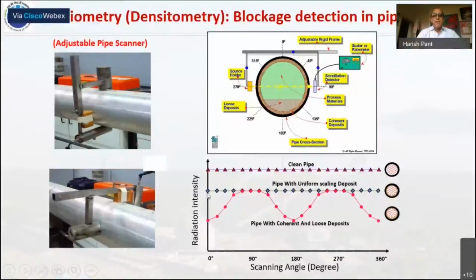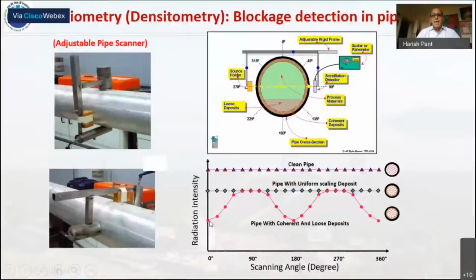If there is uniform scaling, then the scan will look like this. But let us say there is non-uniform deposition or scaling, only at the bottom.